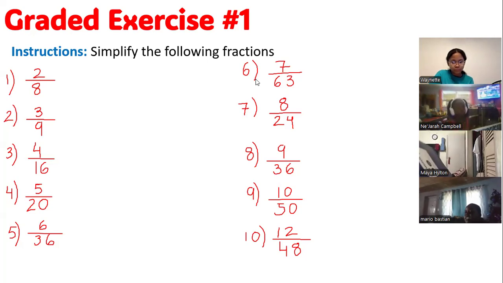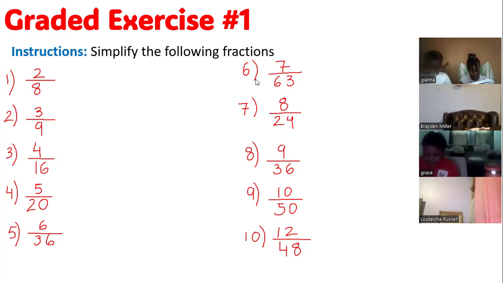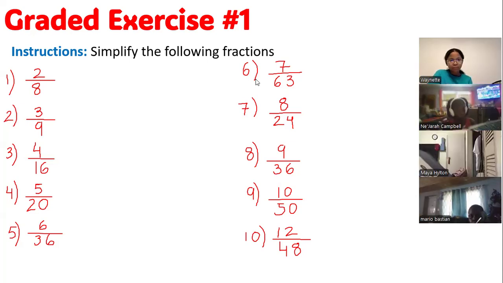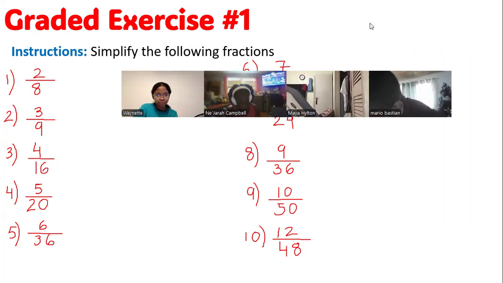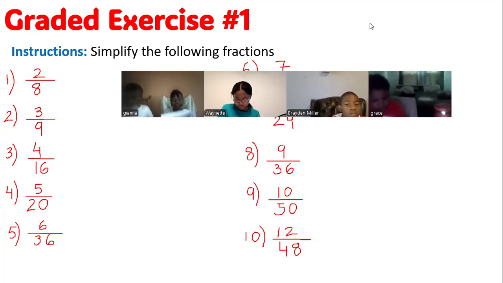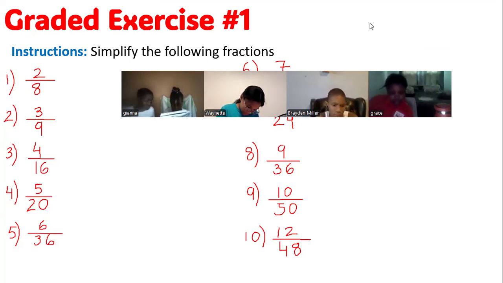I'm on number 6. That's good. Wynette, you finished? Okay. Asia, what number are you on? Number 5. Brandon Miller, what number are you on? Number 10. You understand what you're doing? Yes, sir. Okay.